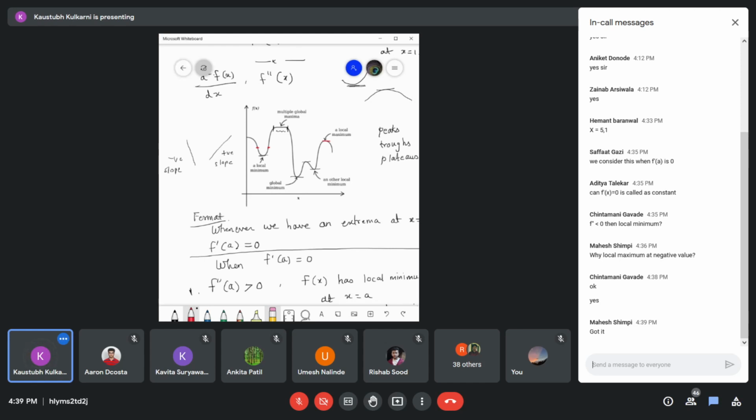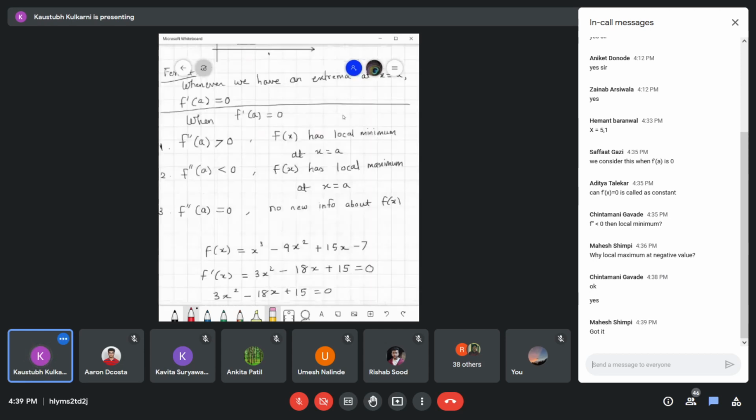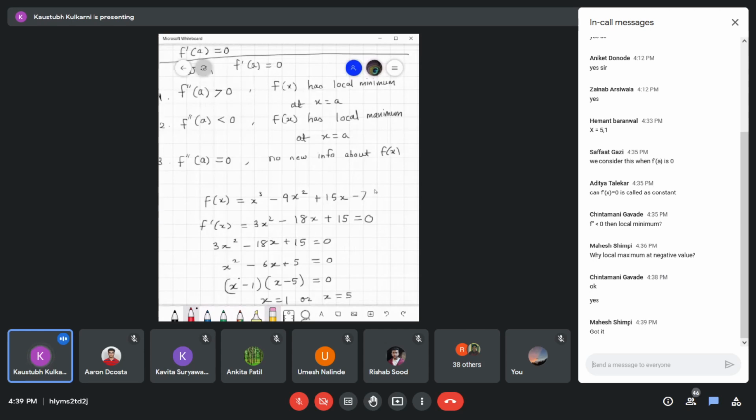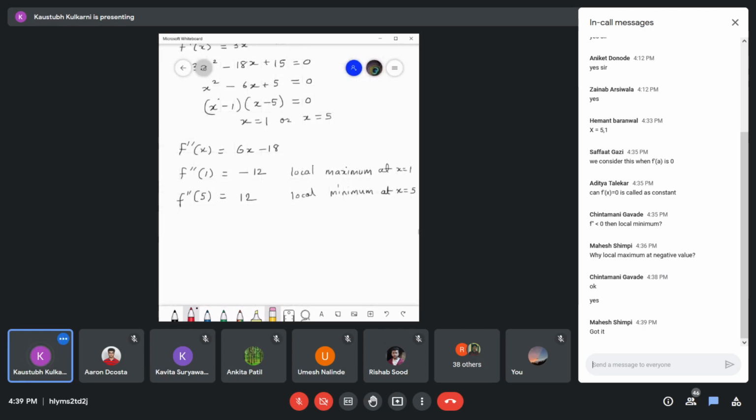So the next thing is inflection points, and then we'll move on to the case with more than one variable, and then finally to gradient descent.